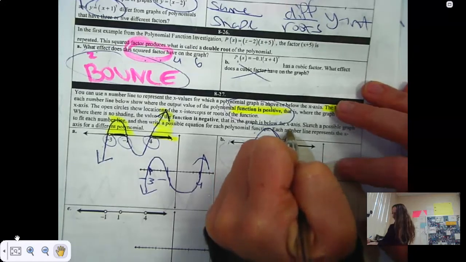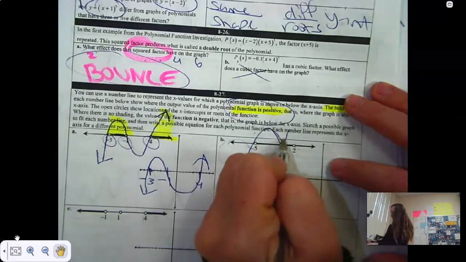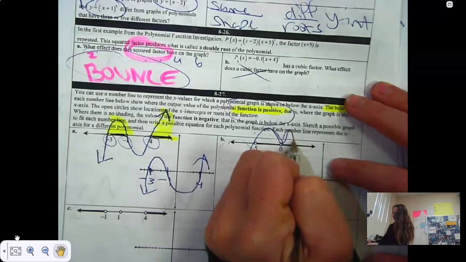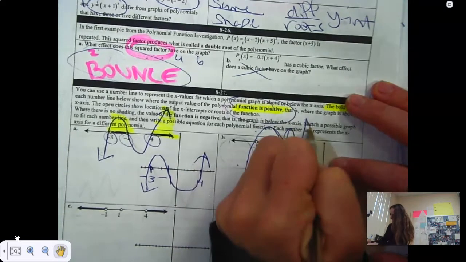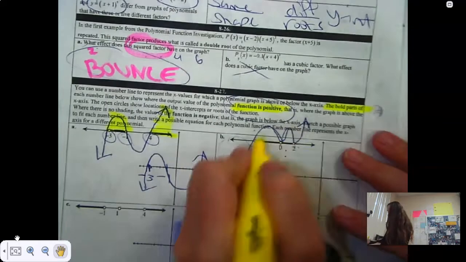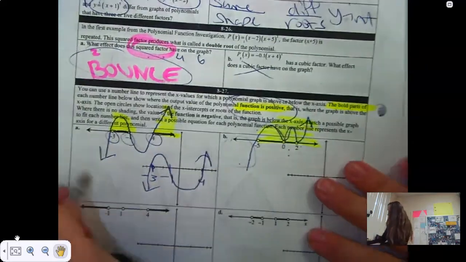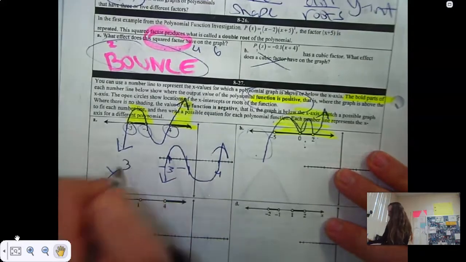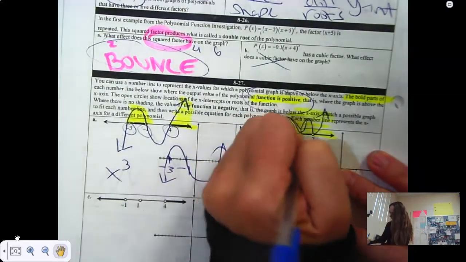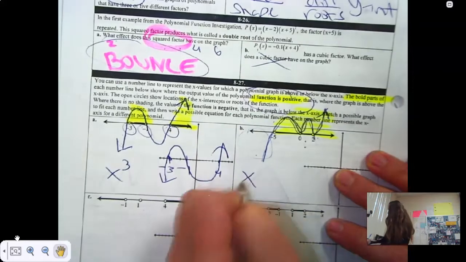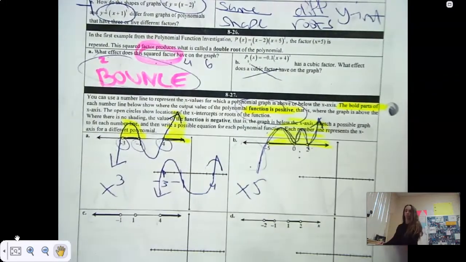Still positive. Is this also colored in? Yep. That means that I'm not going to go through, I'm going to bounce again. All of this is my positive. That means, and so we know that this one was x cubed. This is 1, 2, 3, 4, 5. This one's x to the 5th power.